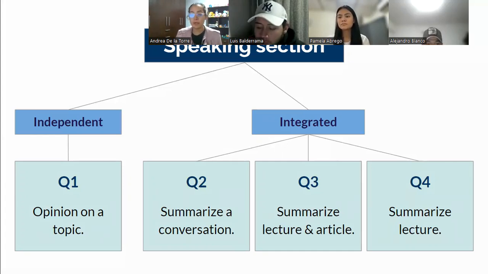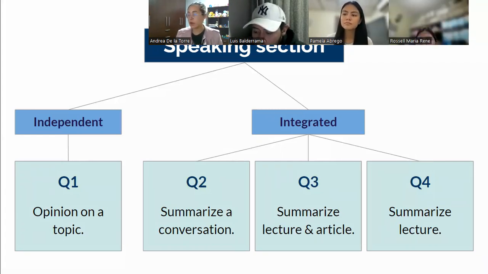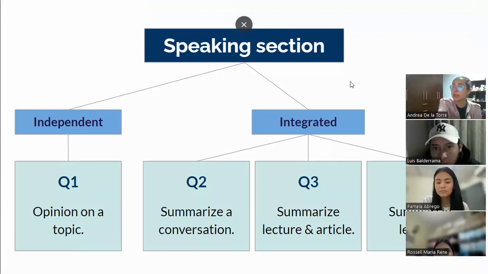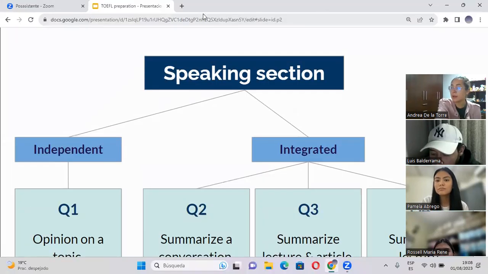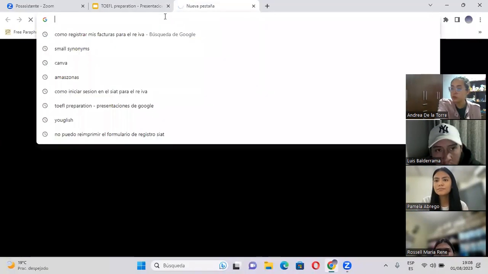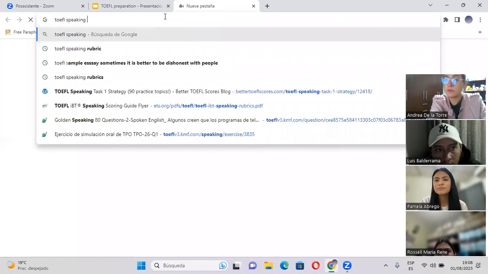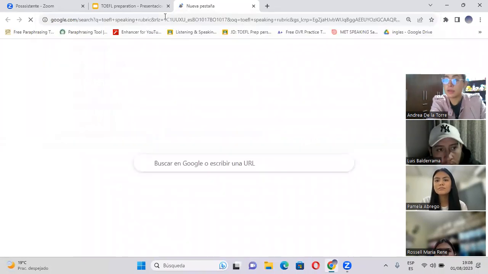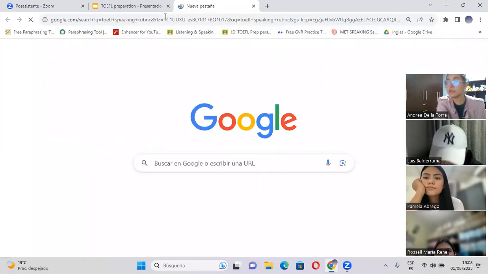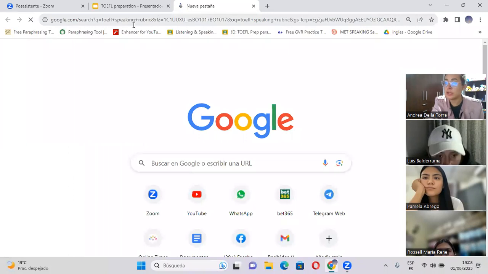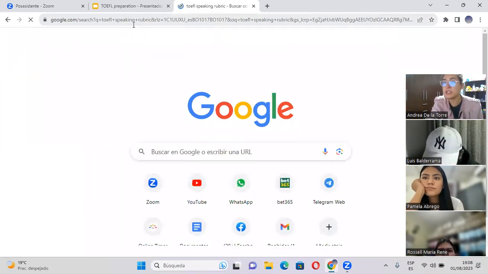So in order for you to understand what they want you to do, what you need to do to get a top score, and in order for you to evaluate yourselves when you're practicing, you need to understand how they are going to evaluate your responses. So we're going to talk about that now. If you search TOEFL speaking rubrics, the first result is a PDF that is published by the ETS.